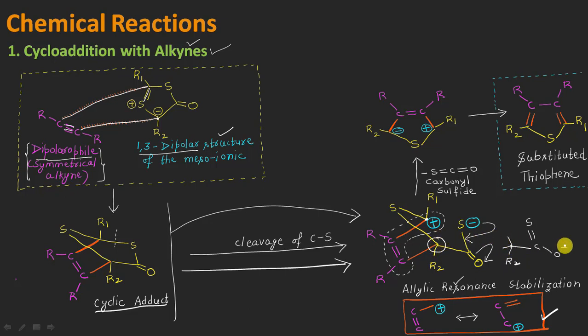So finally this negative charge will again come back here, sending these electrons onto the carbon having this R2, such that now this carbon atom to which the R2 group is attached will be having a negative charge, and the carbonyl sulfide, I mean this part of the molecule, will now be eliminated from the rest of the molecule, which you can see here, minus S double bond C double bond O.